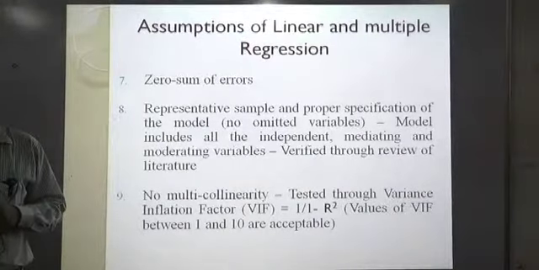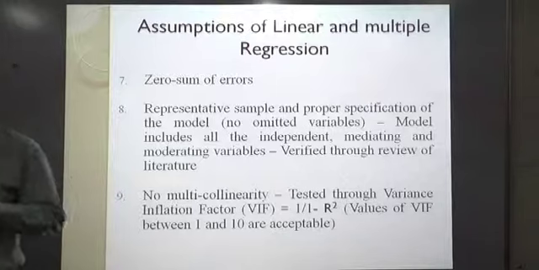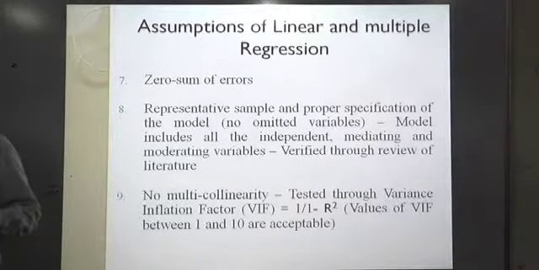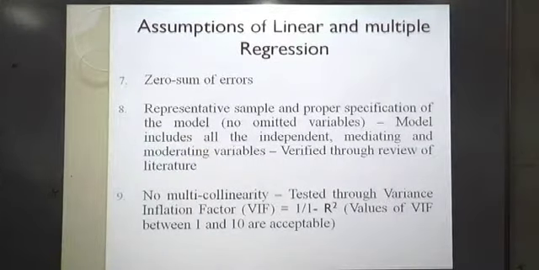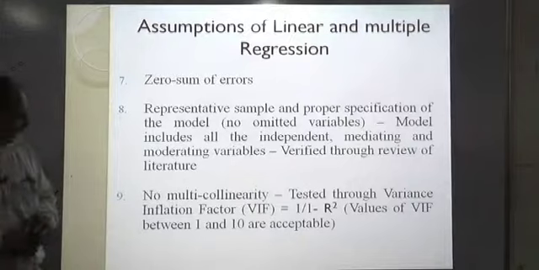Brand image is there, and that has a strong effect on customer loyalty. So, if we have omitted one of these variables, or we have taken customer satisfaction and brand image and left out service quality, we have again left out an important component. So your model fit would be bad. It will give you results, which would be correct, but it will not result in a complete model. So in multiple regression, you have to be careful about that.